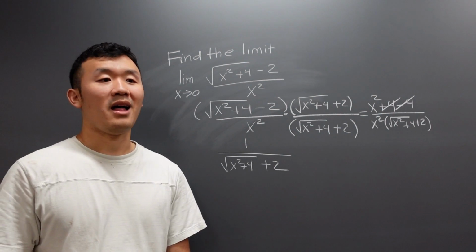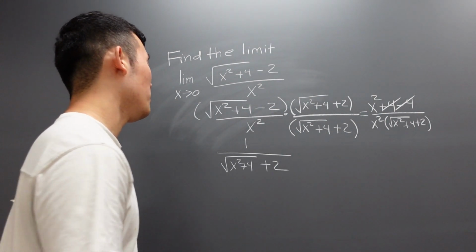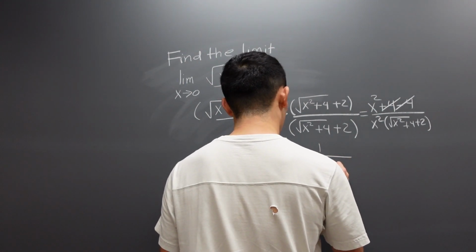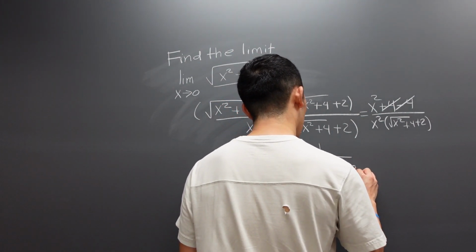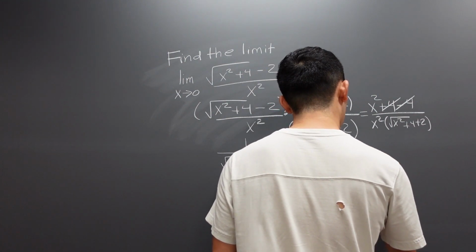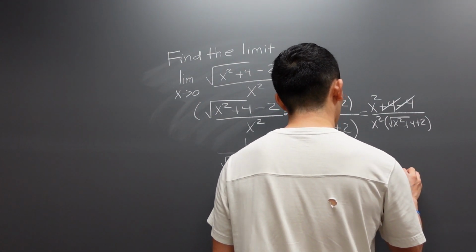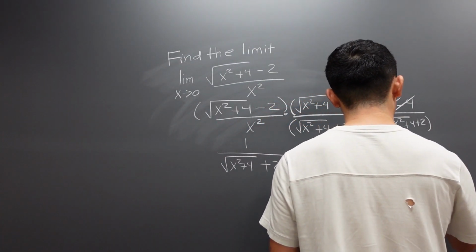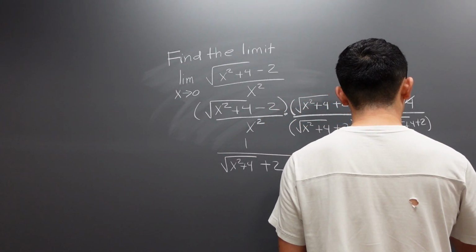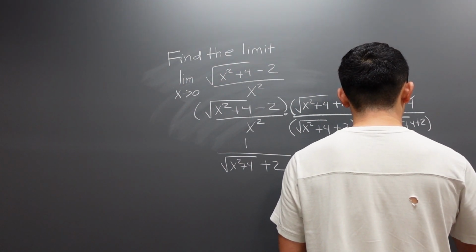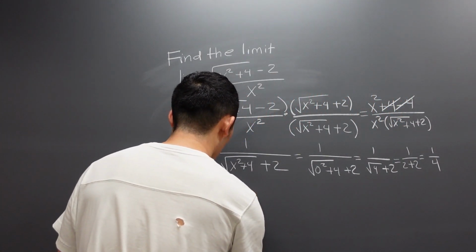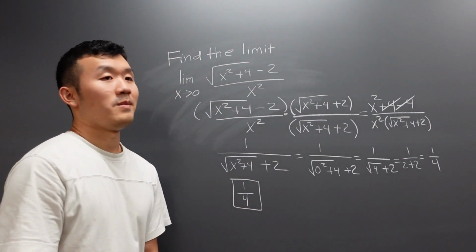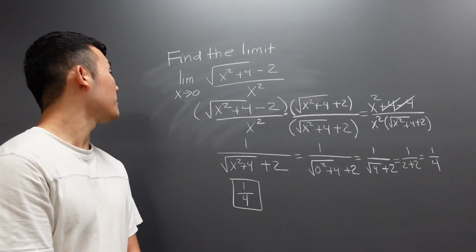Now I could just evaluate the limit by plugging in 0. The square root of 4 is just 2. So 1 over 2 plus 2, and it's 1/4. So the answer is 1/4.